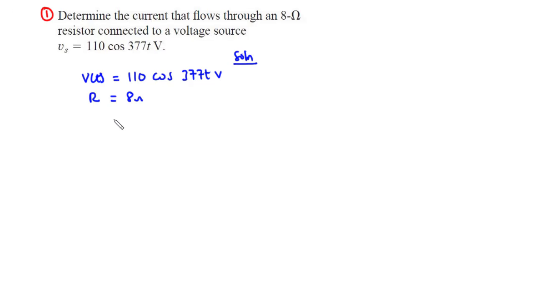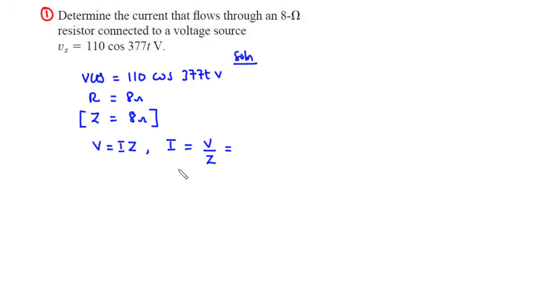Therefore, the opposition offered to the flow of current is due to only the resistor. Hence, we have the impedance Z also to be equal to 8 ohms. Now from the relation V equals I times Z, we can have I equals V over Z.